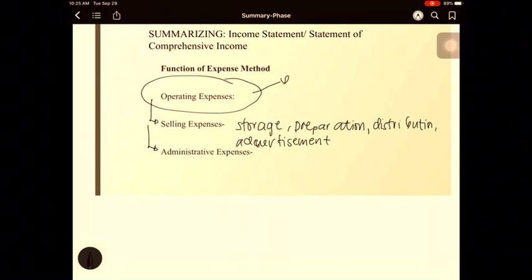Anything that would have something to do with the product, any expense that you could directly attribute to the product that the business is selling to its customers, may be part of your selling expenses. On the other hand, administrative expenses are the general office expenses incurred by the business.